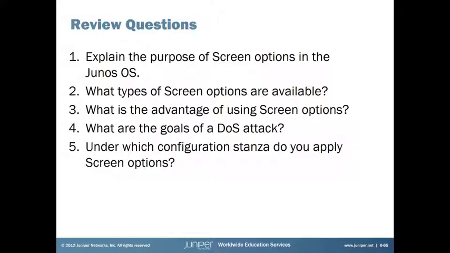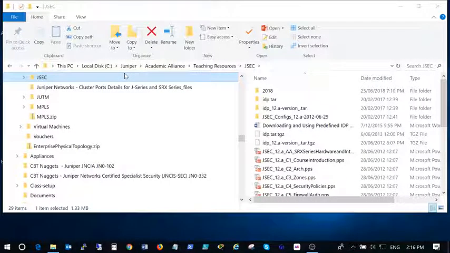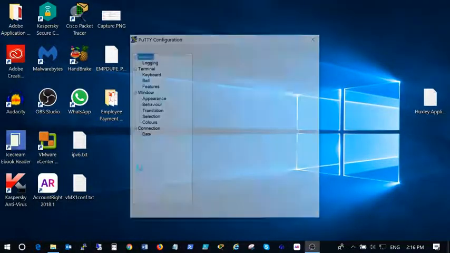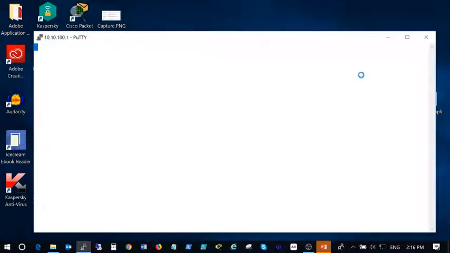Where do we apply screen options? It's under the security screen stanza. Let's have a look at screen options. I'm going to take a look at a firewall here. Let's open this up and log in.